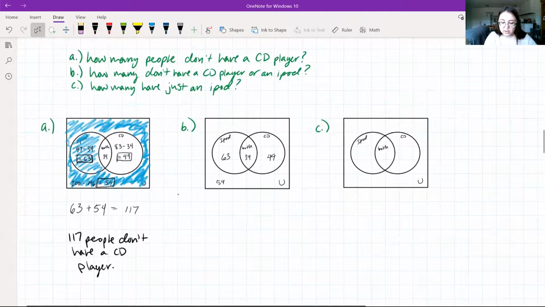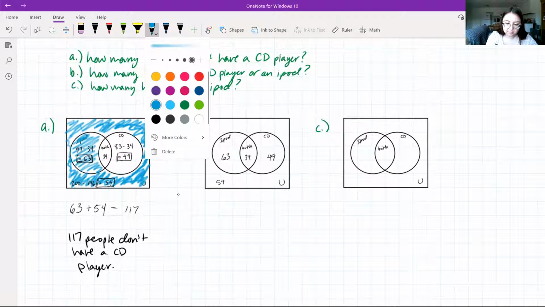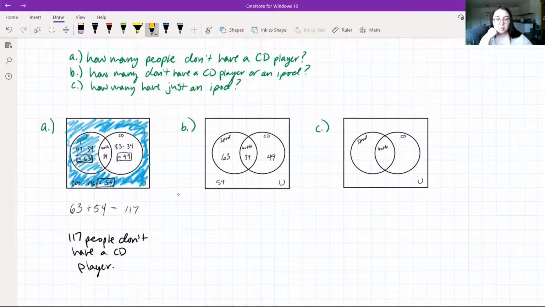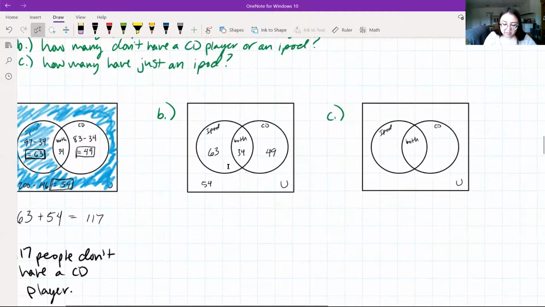All right, so for part B, we're asking, how many people don't have a CD player or an iPod? So this is going to be no one in this region and no one in this region. So what we have is the region around.